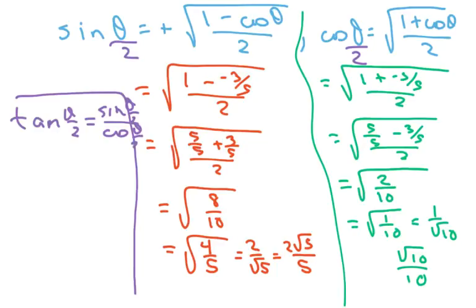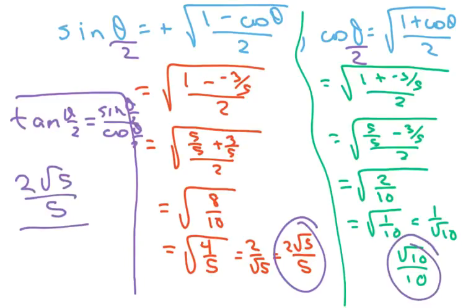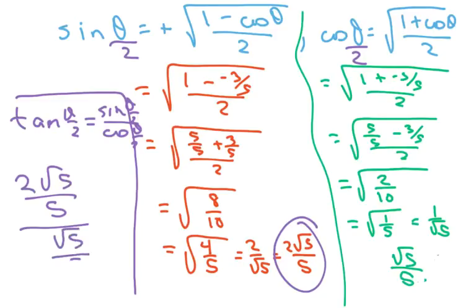So basically, I'm just going to take my sine, which is 2 square root of 5 over 5, and divide it by my cosine, which is, oh, I messed up. I'm glad I did this. This is 1 over 5. Let me erase this. I knew you all caught that. So when I reduce that, it's 1 over 5, so it's 1 over square root of 5, which is square root of 5 over 5.